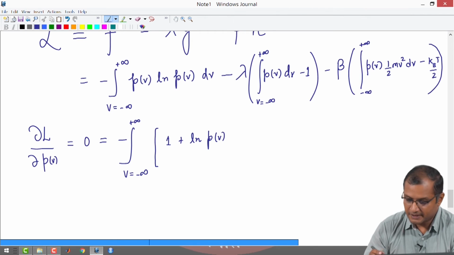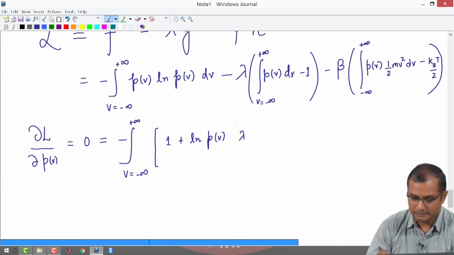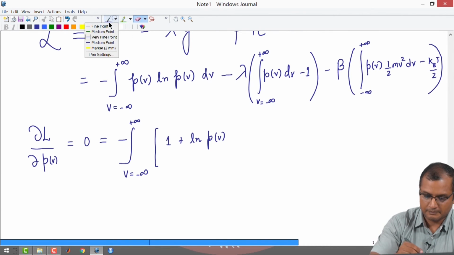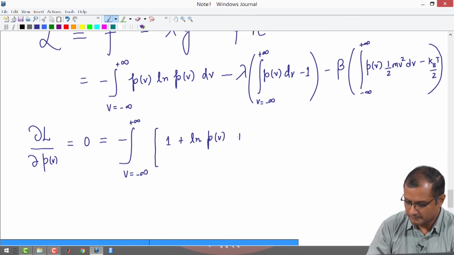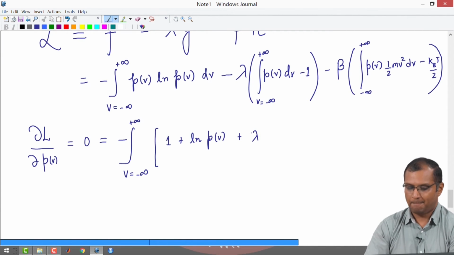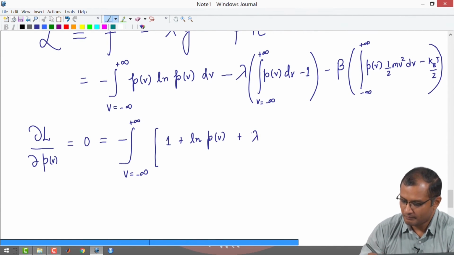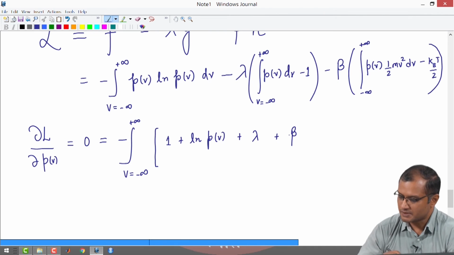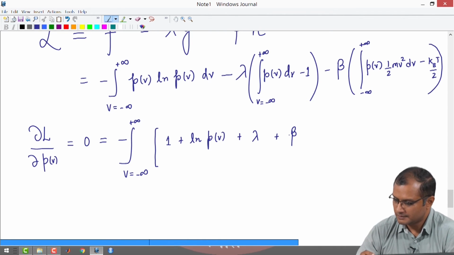And from the second term I get lambda times one, and from the third term I will get beta times mv square by 2.